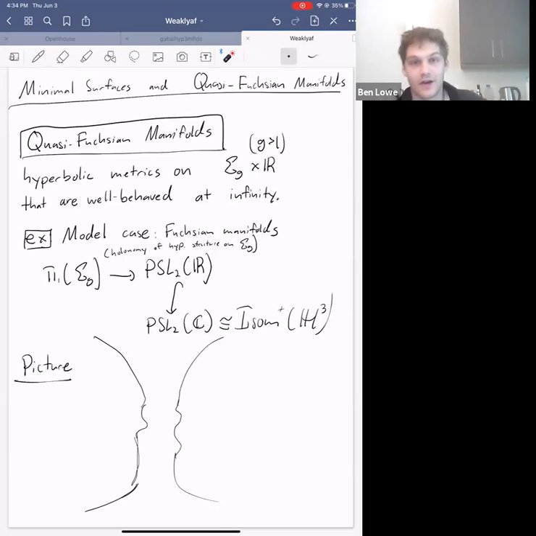And if we try to minimize area over that whole homotopy class, the naive thing you want to do is take a minimizing sequence and pass to a limit and somehow get a surface with smallest area as a limit.